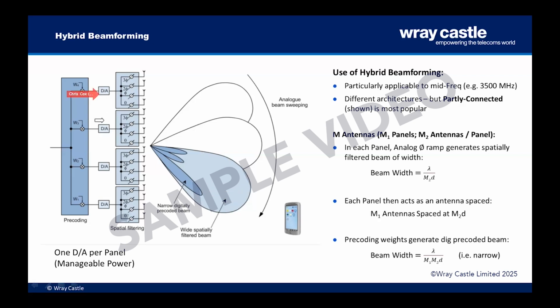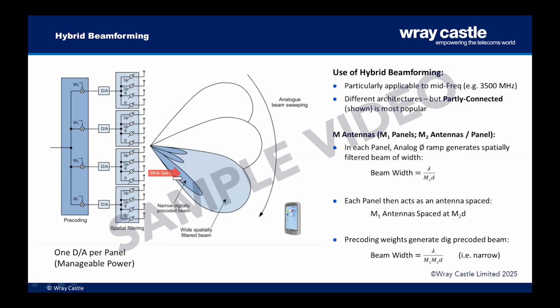The widely spaced panels give us narrow, digitally controlled beams within each of the wider beams, and we can use those narrow, digitally controlled beams for the cleverer techniques that we denoted within the previous slide.